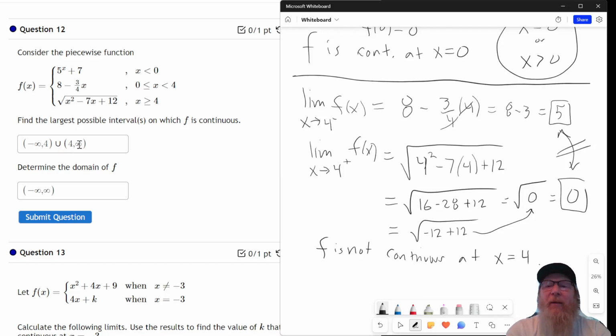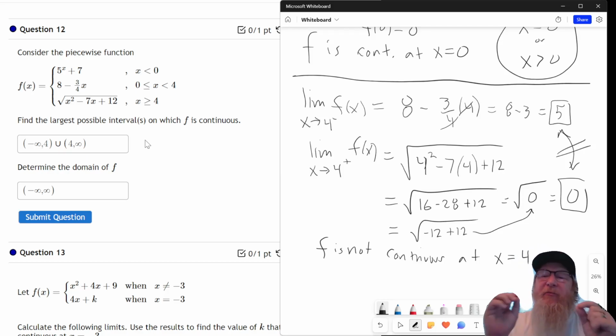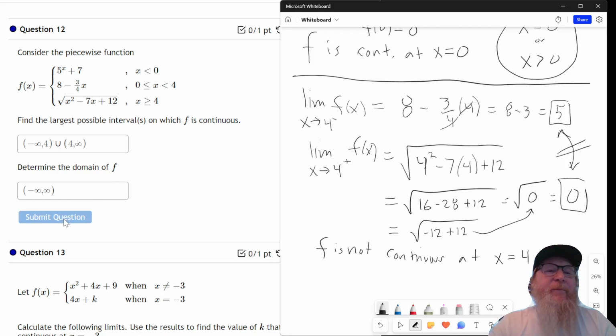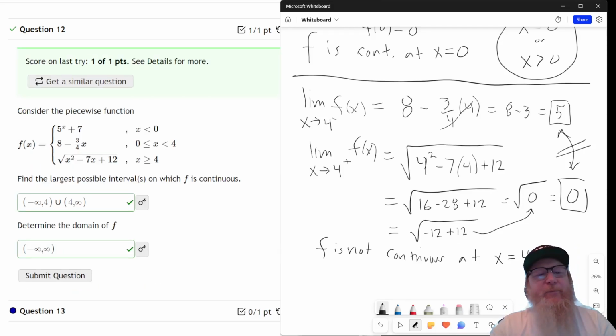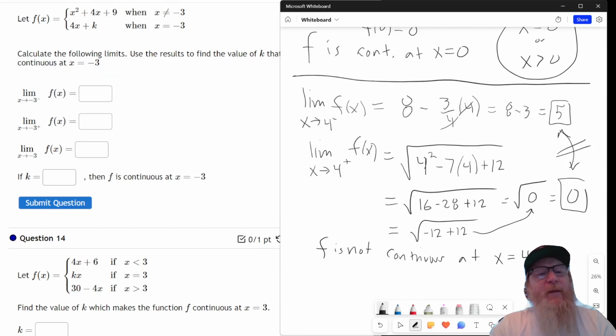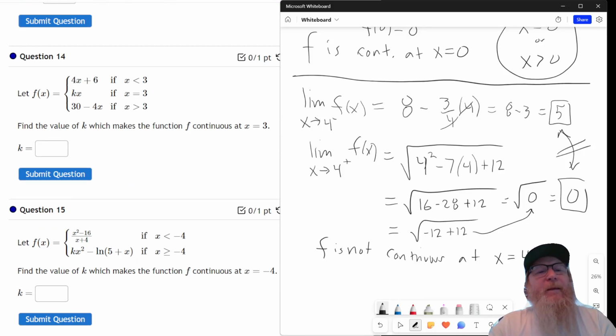So basically we're saying 4 is part of the function, right? It's not excluded from the domain of the function. It's only excluded from the continuity intervals. And you'll see that that's right. And then the last couple questions here, I'm going to do in just a second.